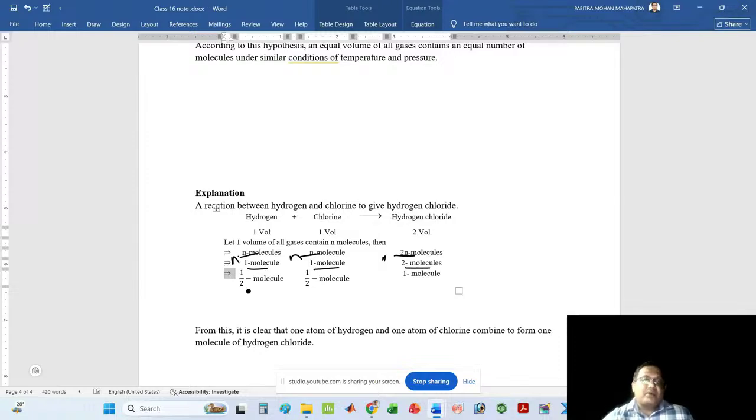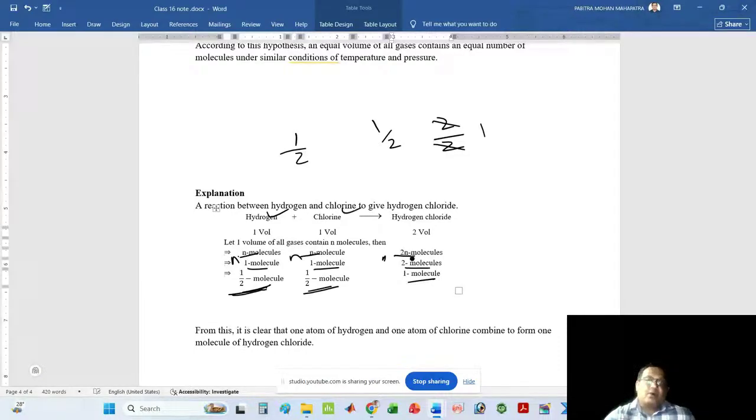Now take half molecule: divide each species by 2. That means 1 by 2, 1 by 2, and 2 by 2, which cancels to give 1. So finally I can say that half molecule of hydrogen combines with half molecule of chlorine to form one molecule of hydrogen chloride.